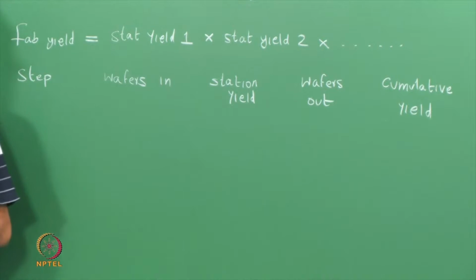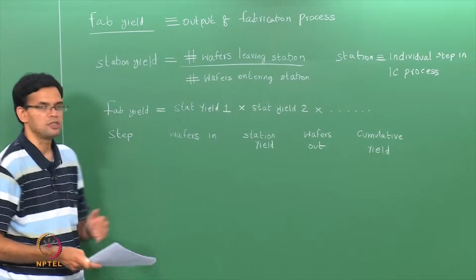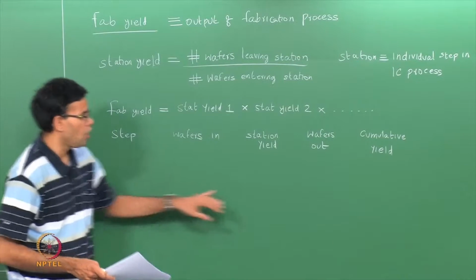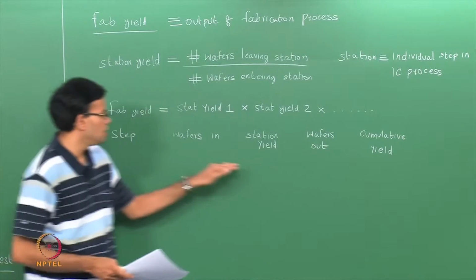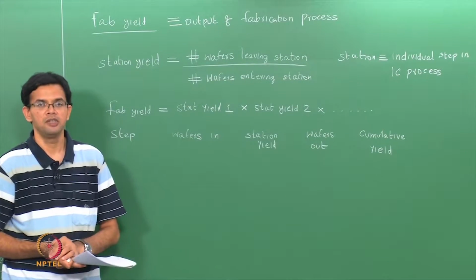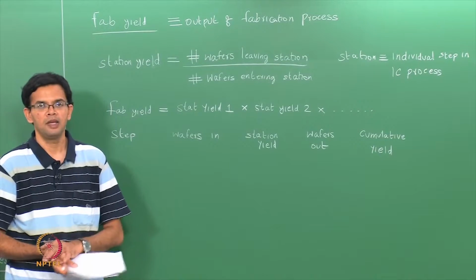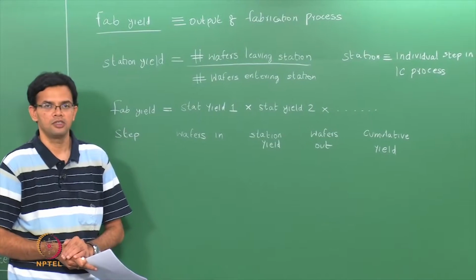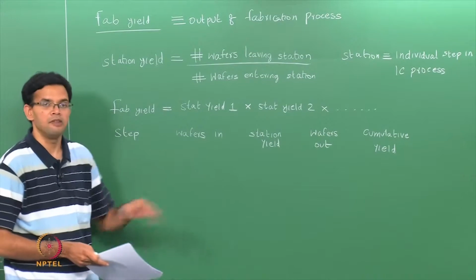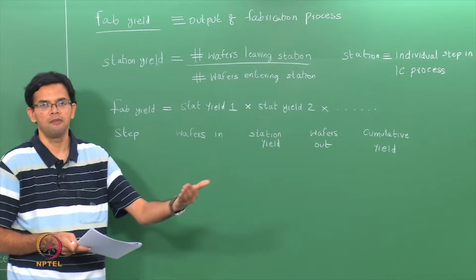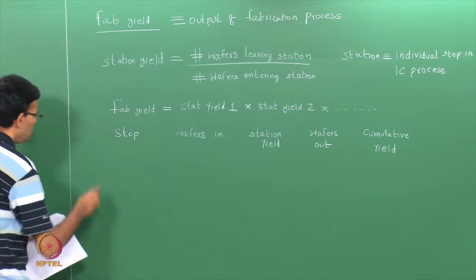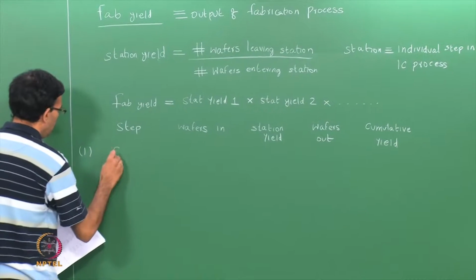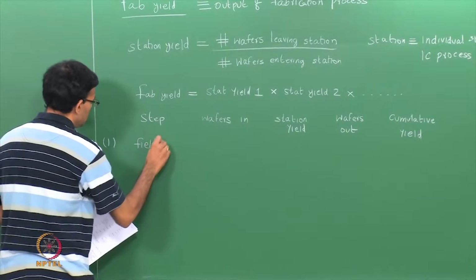So, right now I will only consider a 5 step process just to see how the cumulative yield depends upon the individual station yields. But remember, a typical IC fabrication can have more than 500 processes. So, that what we have in 5 steps has to be multiplied by 100. So, my first step I will call it to be the field ox.